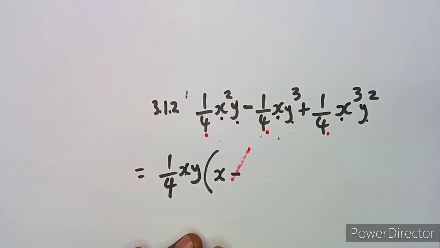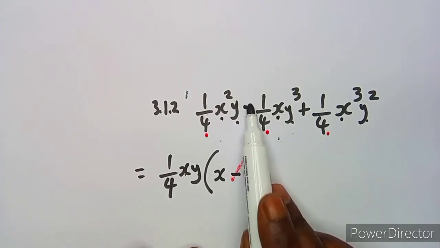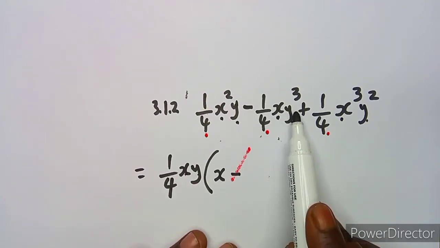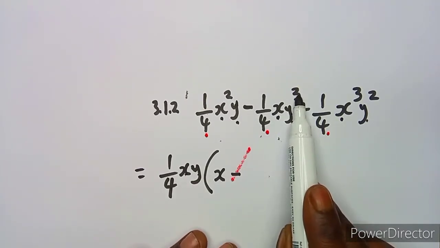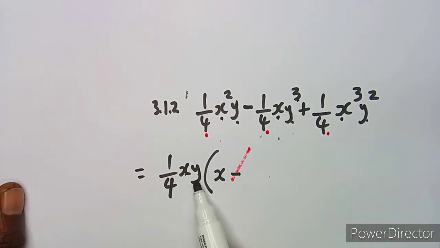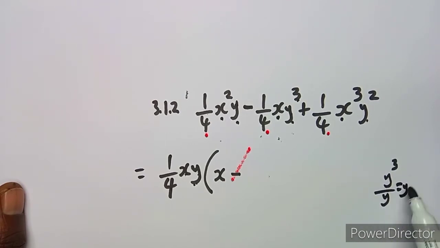This one is going to give us a negative because there's a negative here. X and x will cancel, so we are going to remain with y to the exponent of 3 divided by y. Here there are 3, here there is 1, so you are going to remain with 2. So it's going to be y to the exponent of 2.